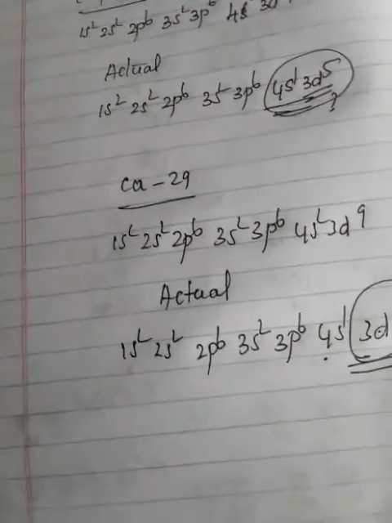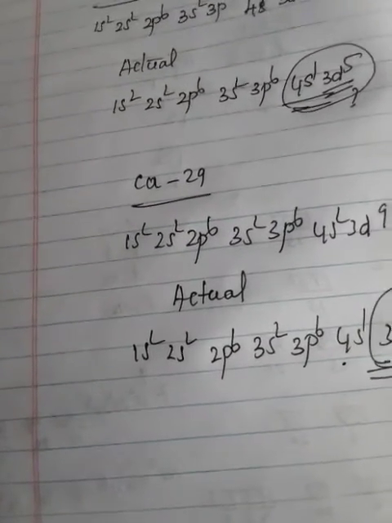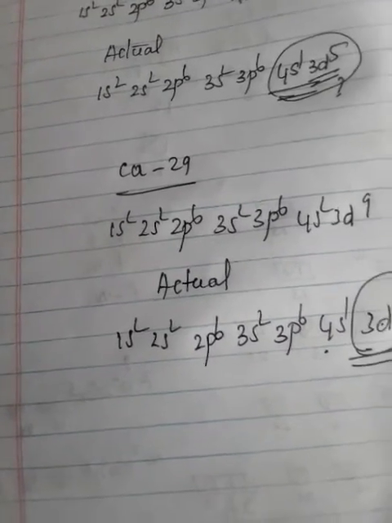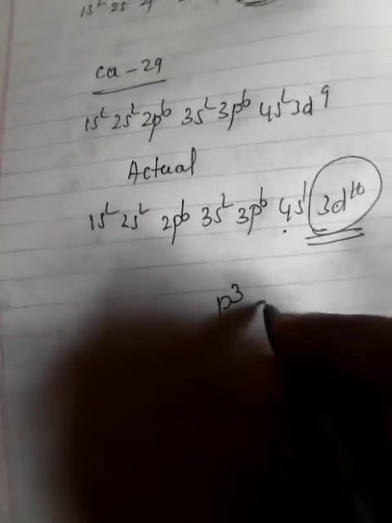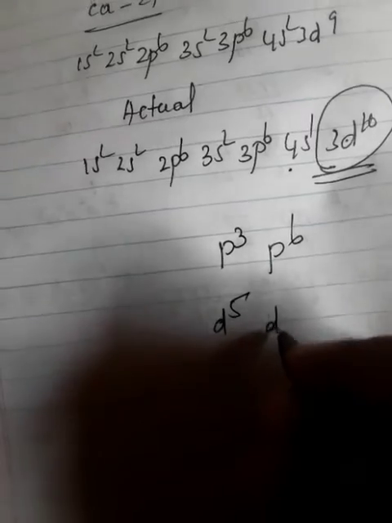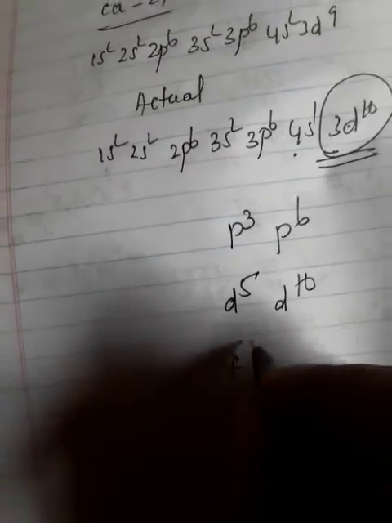This is a very important question. The reason is that fully filled orbitals and half-filled orbitals have some extra stability. Half-filled means p3, fully filled means p6; half-filled means d5, fully filled means d10; then for f, f7 and f14.